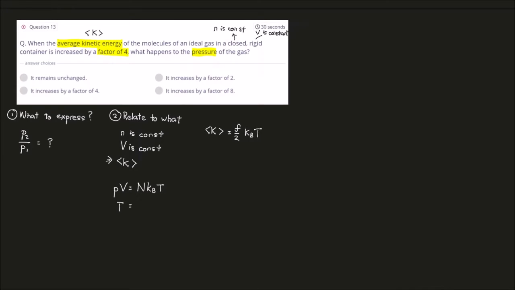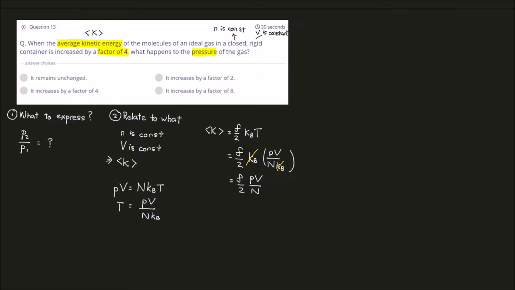So if you want to be in T, then it will be PV over nkB. So F over 2 kBT, then you have PV over nkB. So now something definitely can be crossed out. This can be crossed out, this can be crossed out. Then you are left with F over 2 PV over N.